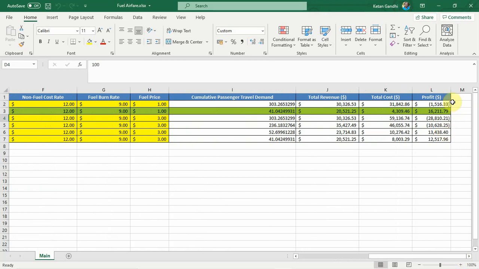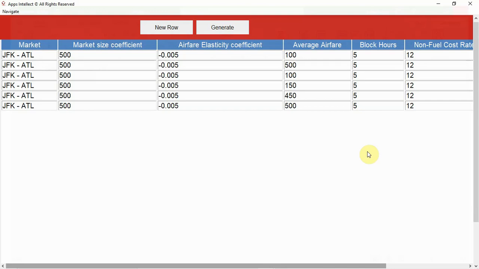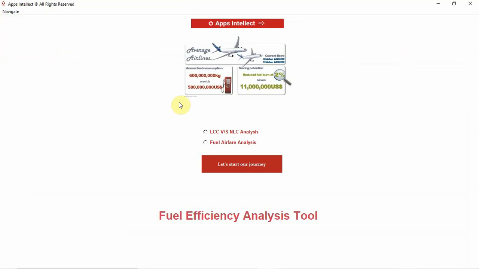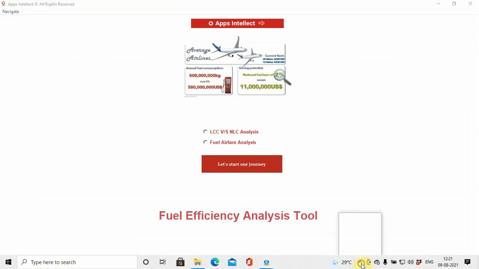This is the application developed for connecting fuel, airfare, and the other factors to be considered. This could be a handy tool for the airline to analyze fuel and come up with a strategy that would benefit its profitability.